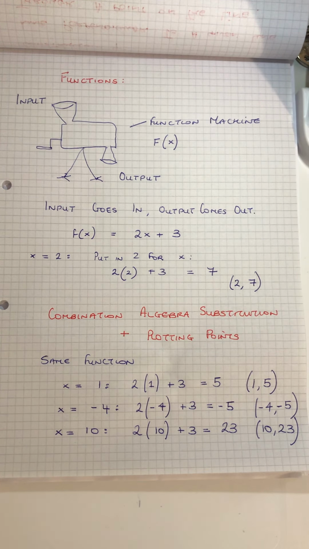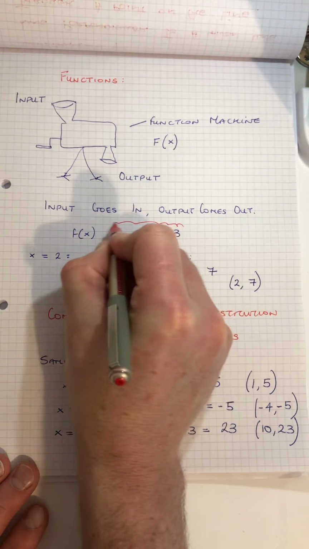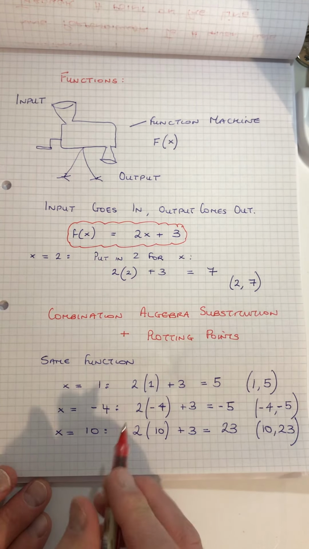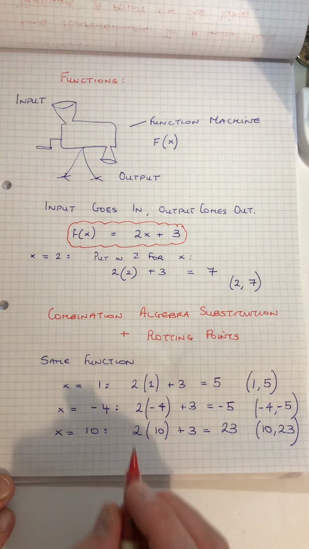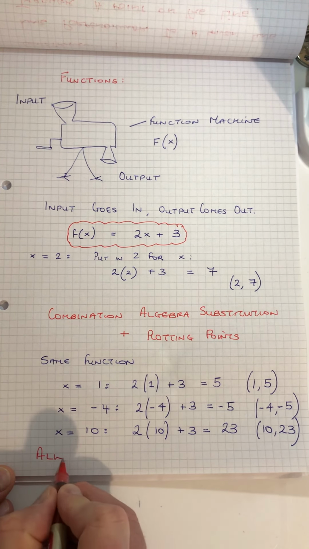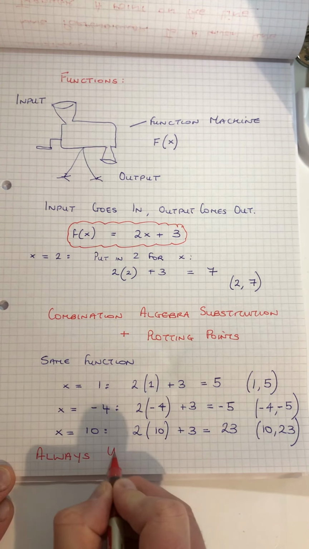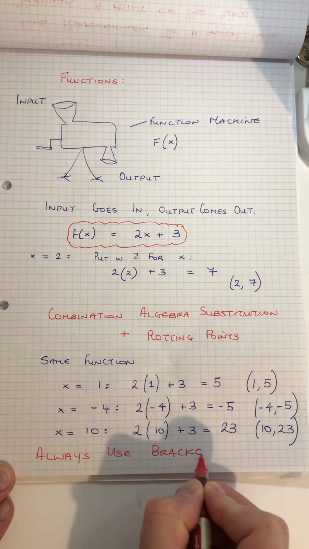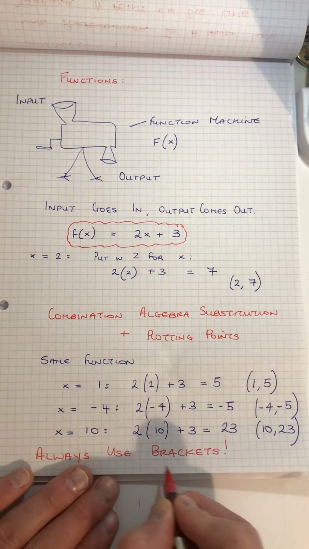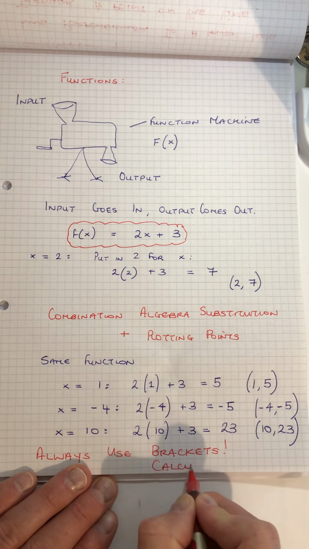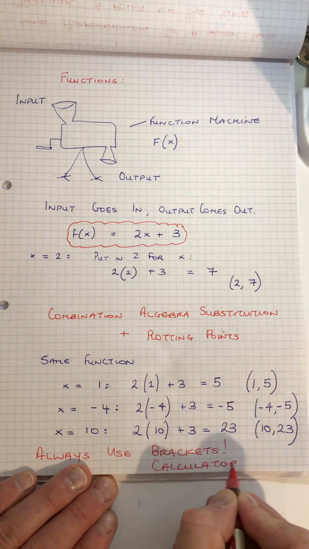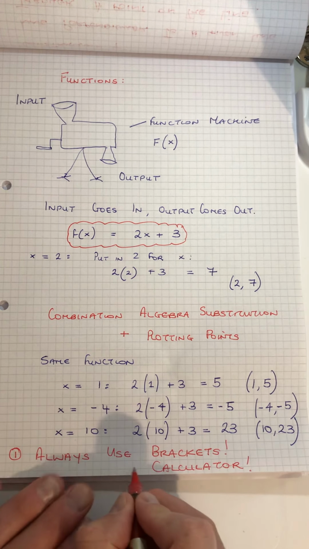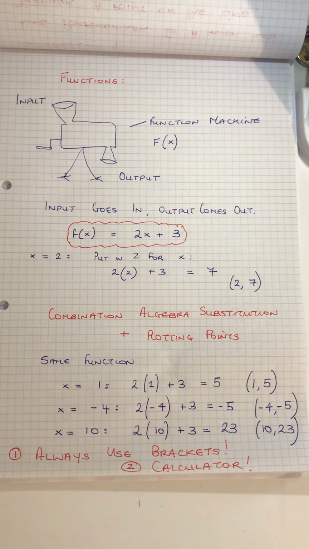So this here is my function, f of x equals, and everywhere I see x, I'm always using brackets. Okay? And then you can use your calculator to work them out. Okay? Right? So there are two important things. One, and number 2 is your calculator.